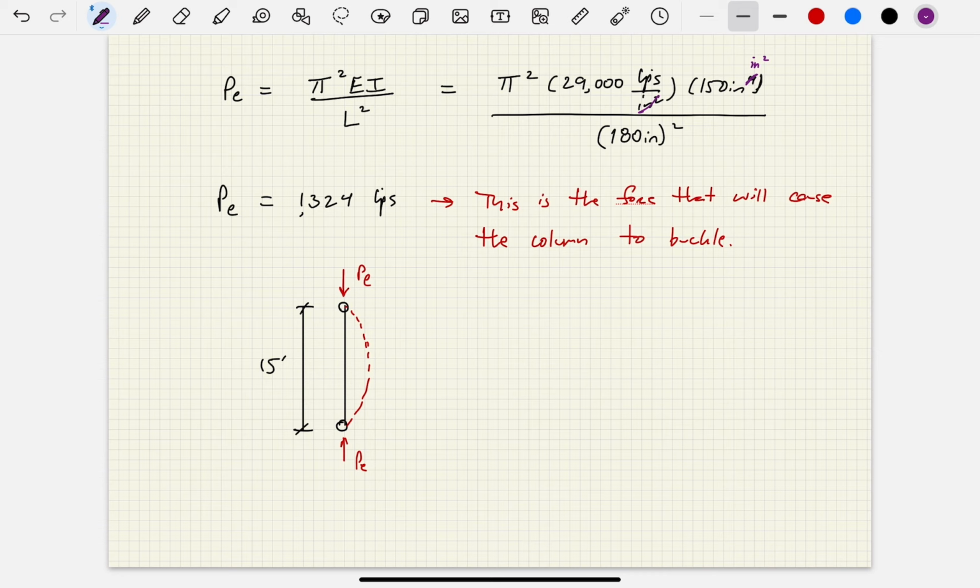Then in this denominator, you're squaring length, so you get inches squared. And finally, inches squared cancels with inches squared, and what are you left with? Just kips, okay? So that concludes this example.